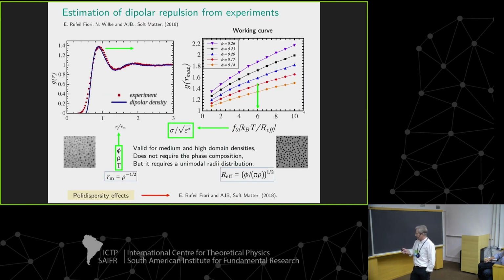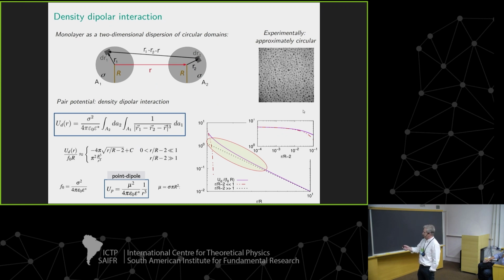So that's what we got for the first case. We have fit the experimental results, looking for the dipolar density here in the potential. I didn't mention, but you have here the dipolar density squared, which is actually this F naught, the dipolar density over the effective permittivity.